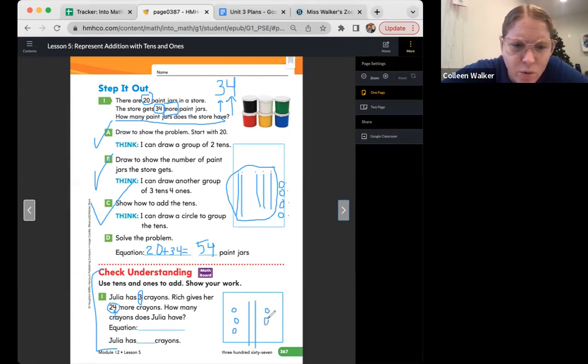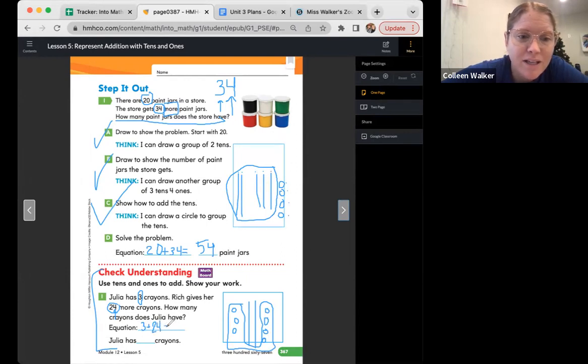1, 2, 3, 4. Now to figure this out, we're going to group all the 1s together. So I'm going to draw kind of a funny looking picture, but I'm going to try to circle all of those 1s. Now let's write our equation. So how many did she start with? 3, that's right. And how many more did Rich give her? 24, very good.